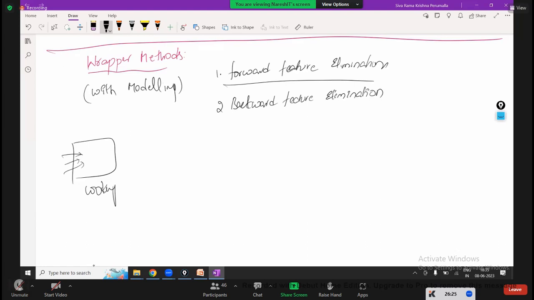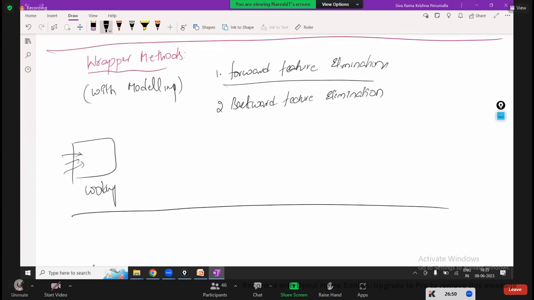In which scenario are we going to apply this? When we have a limited number of variables, and someone says that a particular variable is important, and we also feel that it's important. Now, if I add this one, what happens? If I remove this one, what happens? If you want to cross verify, in that case, we are going to do this. There'll be some projects in some situations.